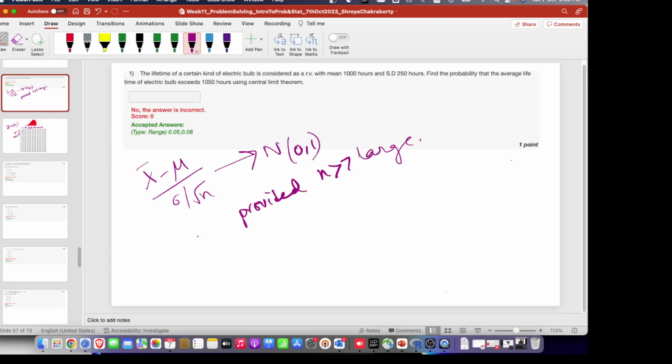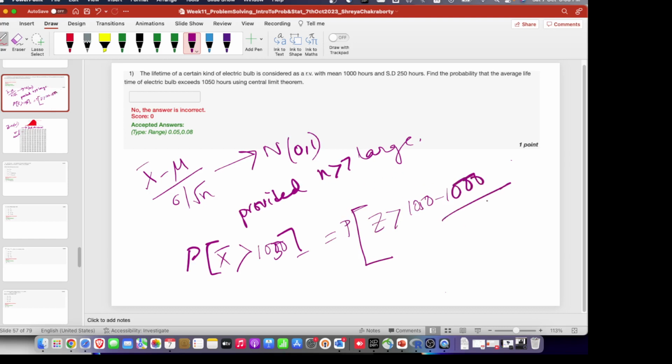Now here we have been asked to find the probability that x bar exceeds 1050 hours. So this will be probability z greater than 1050 minus 1000 by 250 by root 10.